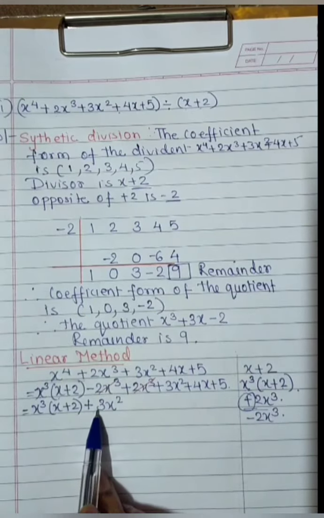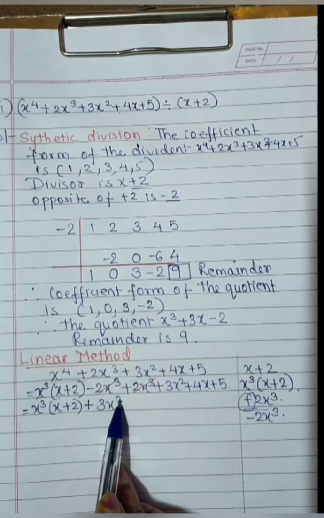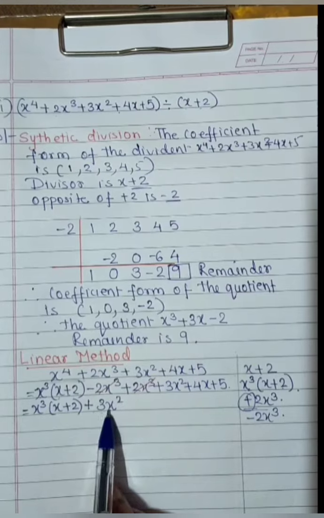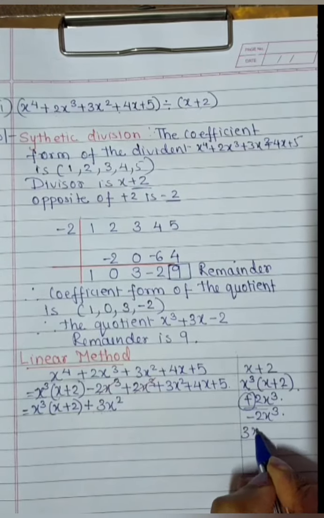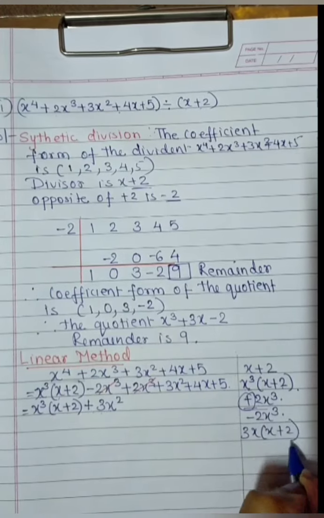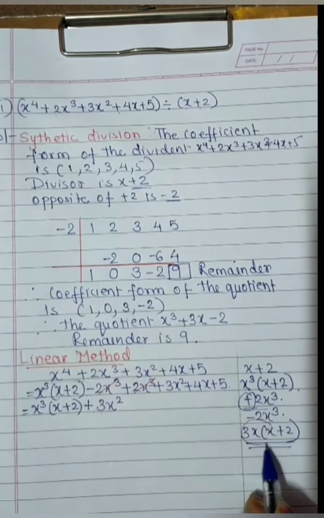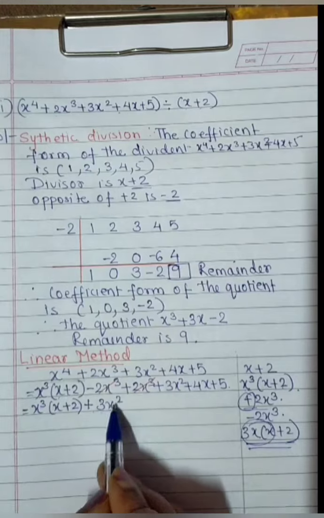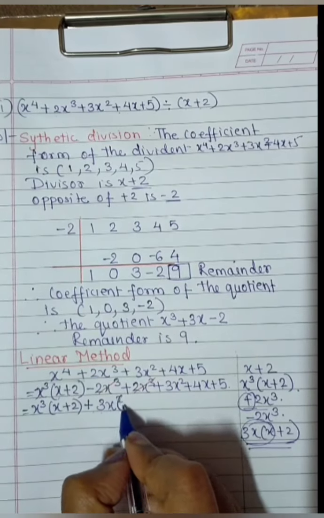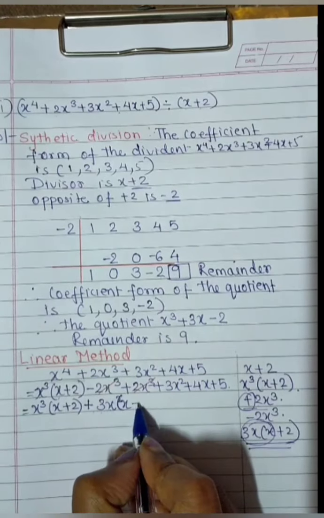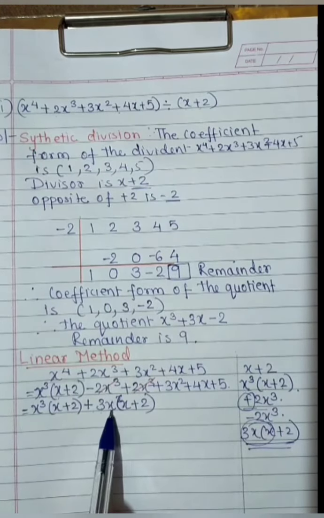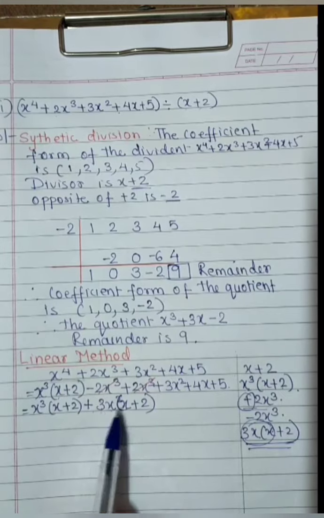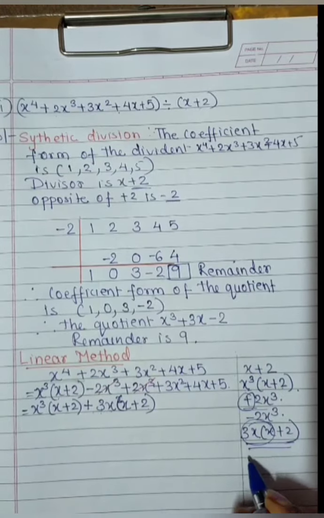Now again this 3x square, here you can see there is x square, so here also we can take x plus 2, then we will get 3x square, like this. So I'm taking here x plus 2. Now 3 2s are 6, we are getting plus 6.